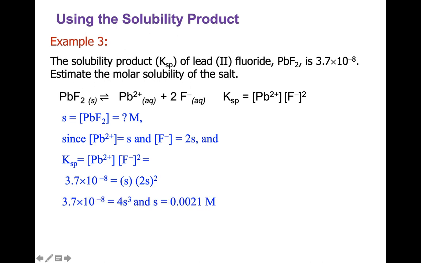So our 3.7 times 10 to the negative 8 is equal to 4S cubed if we multiply this out. So we solve for S. S, our molar solubility, is 0.0021 molar. And that is our molar solubility of lead fluoride.